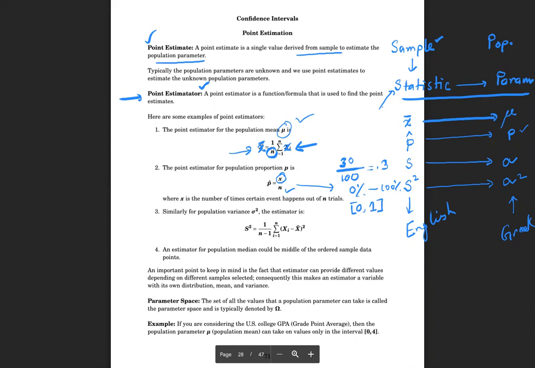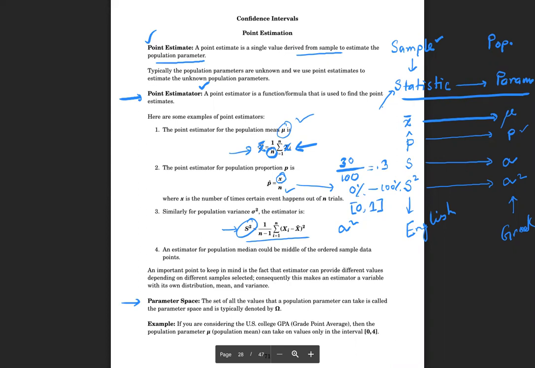Now for sample variance, S squared, this is the formula that we use for sample variance. And of course, the corresponding population parameter is sigma squared. That's what it is, okay? So again, the parameter space, I did talk about it last time, so I'm just going to continue with it just to make sure that you guys see it once more.